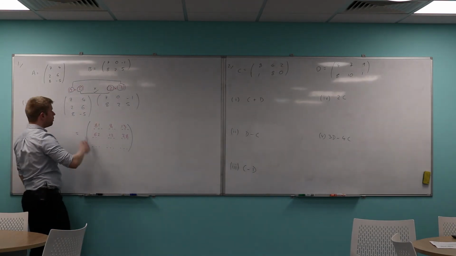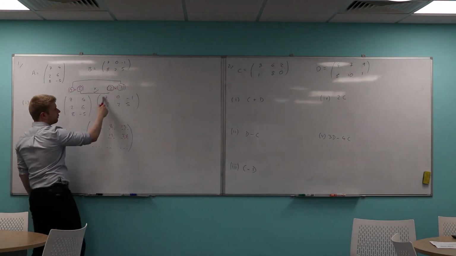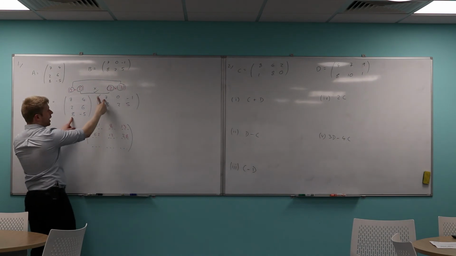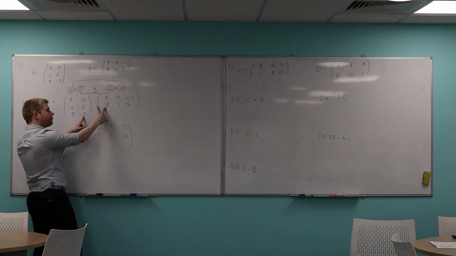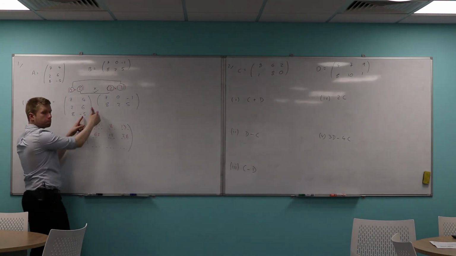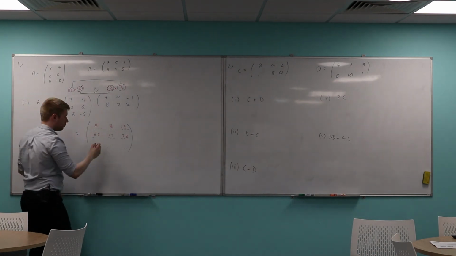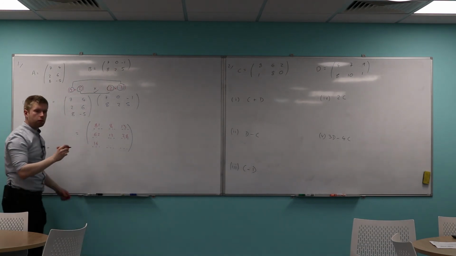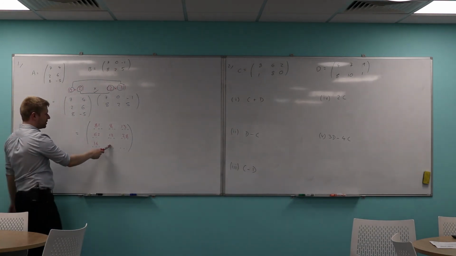Third row, first column. So we're going to be using the third row and the first column. So 8 times 7, add negative 5 times 8. What's that? 16. Do you agree with that?